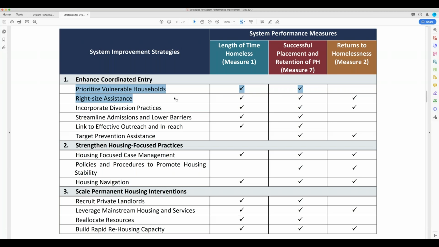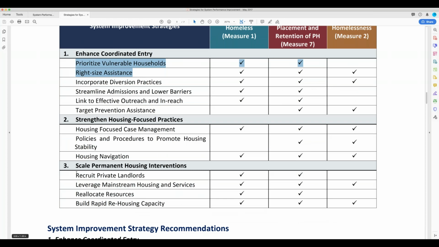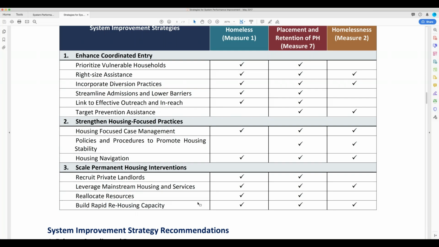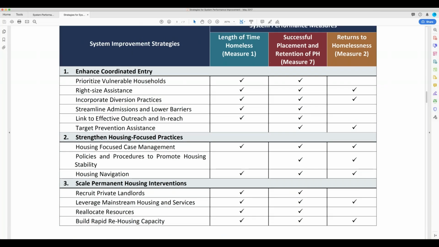What would happen if we retrained all of our frontline staff to have a better understanding of what it means to be housing focused in case management, or to have a little bit more rapid rehousing assistance in their wheelhouse, right? Those are things that you could definitely check on a period by period basis, whether they have an impact on how people are moving through our system, whether or not they have better outcomes of obtaining and sustaining permanent housing, okay? It's not a straight line.